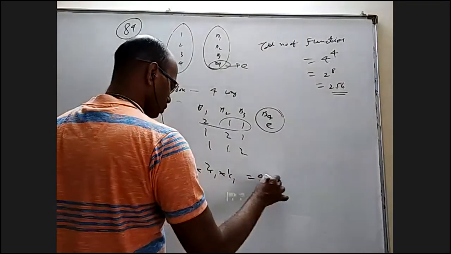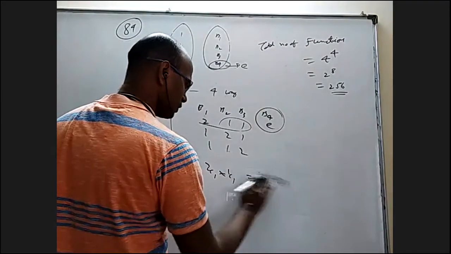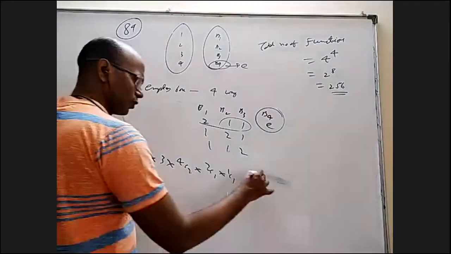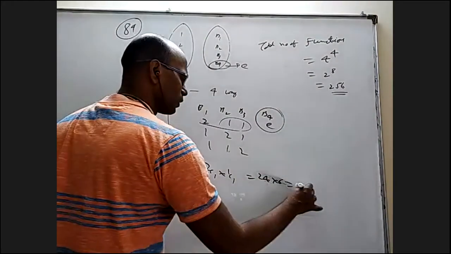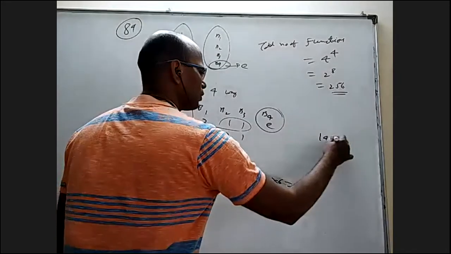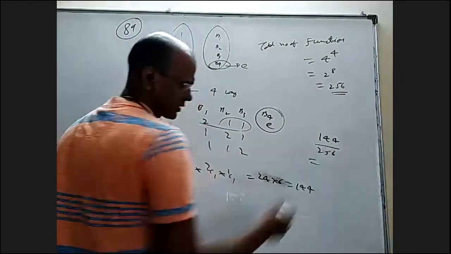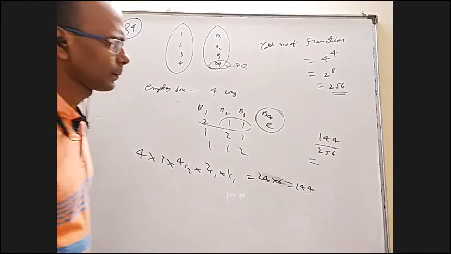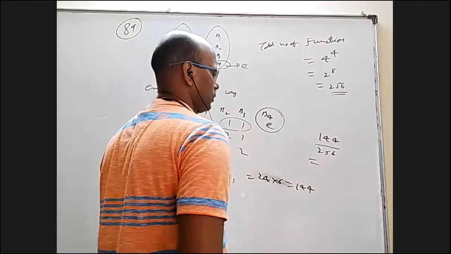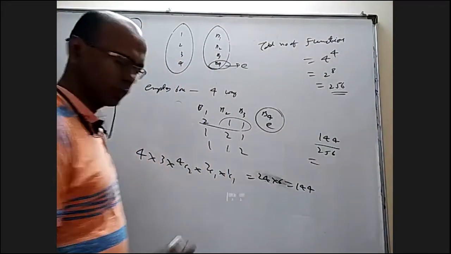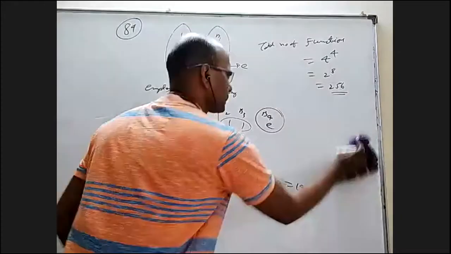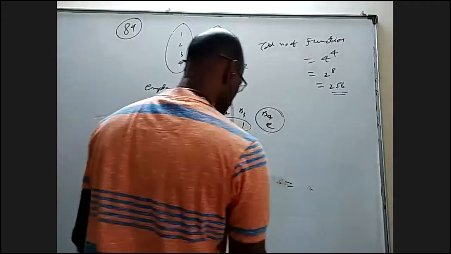This is the total numerator. So that is 4 into 3, we can just multiply: 4 threes are 12, 12 twos are 24, into 6, 144. 144 by 256. Anyway, in this, if any 2 is there, you can remove it. Why write this much? This is 2 power 8. Let us leave it.